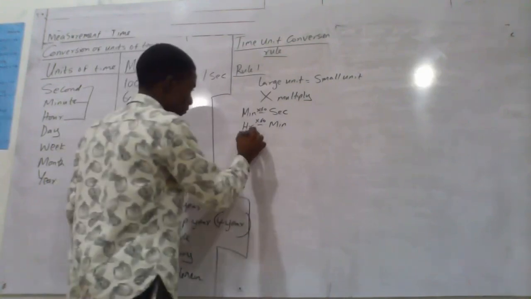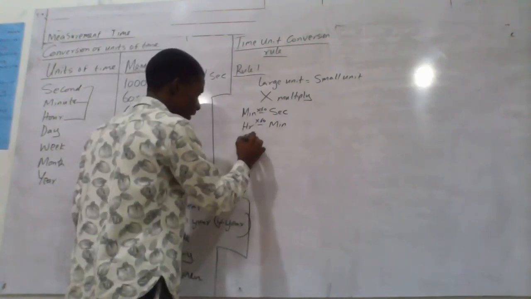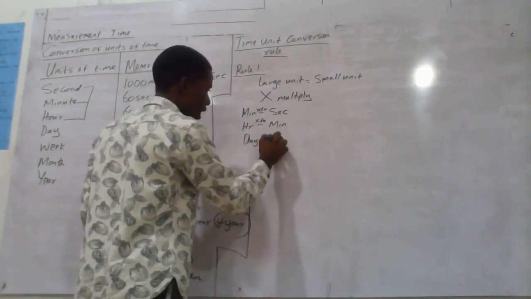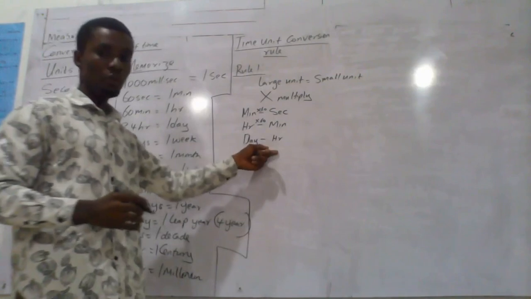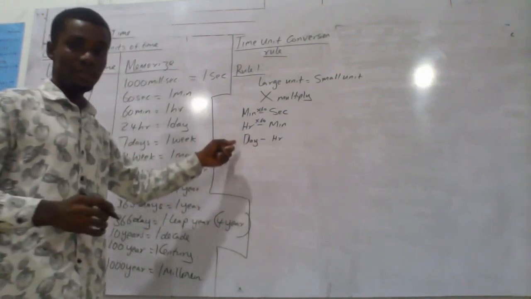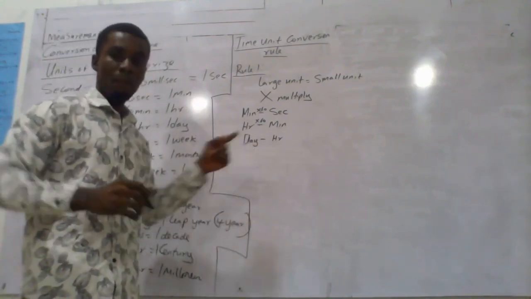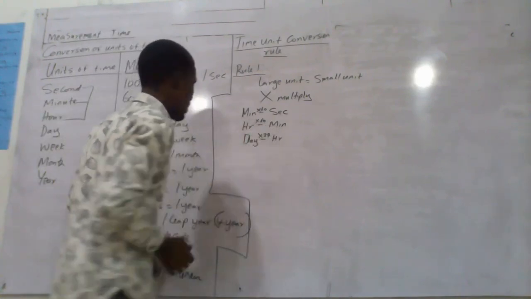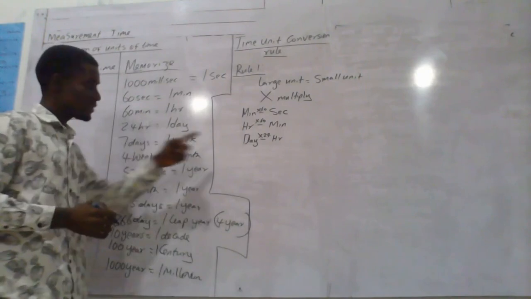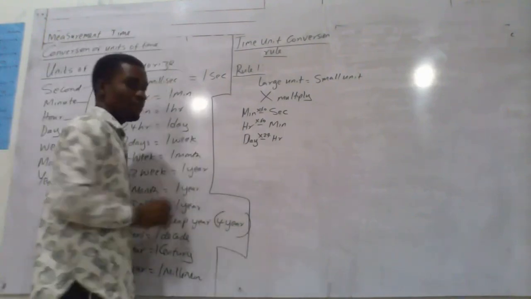Also, if you want to convert from day to hour, this is a big unit and this is a small unit, you multiply by 24, because 24 hours makes 1 day. That's what the first rule says.